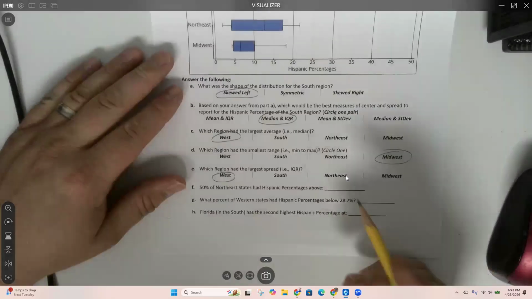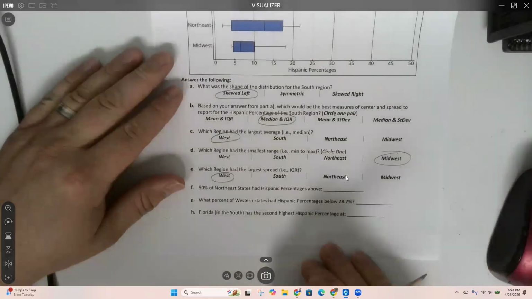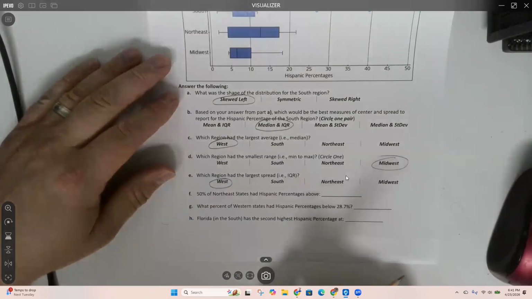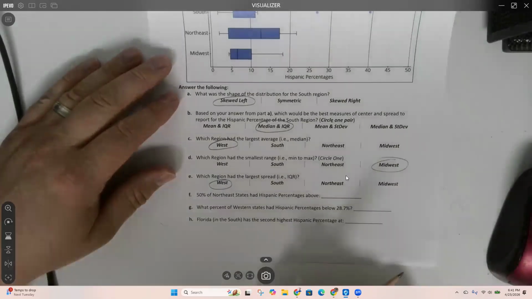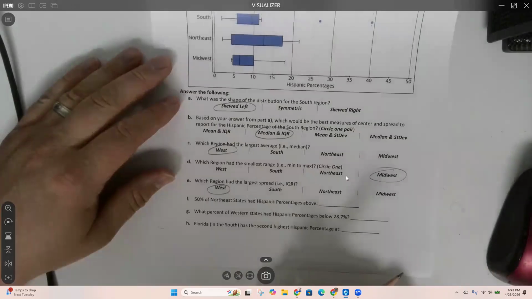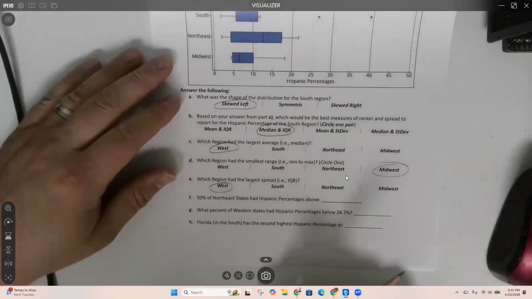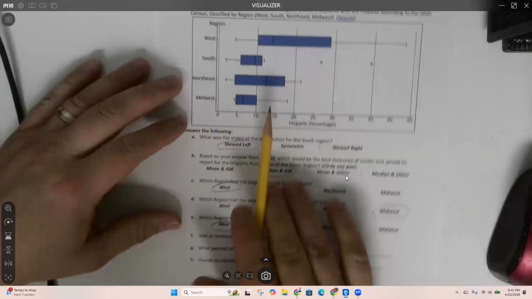50% of Northeast states had a Hispanic percentage above what? It's this middle line right here.